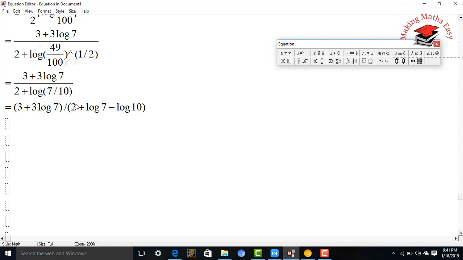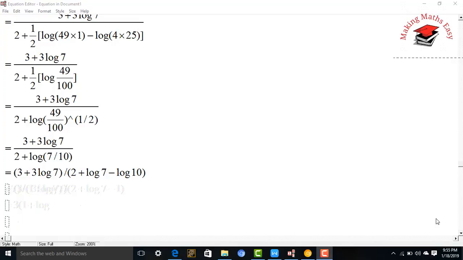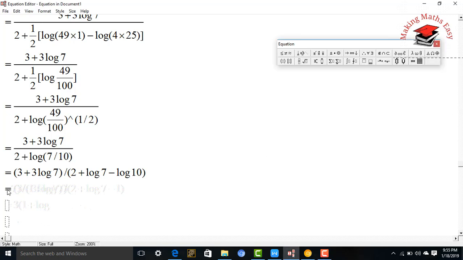As we know that log of 10 is equal to 1, so 3 plus 3 log of 7 divided by 2 plus log 7 minus 1.